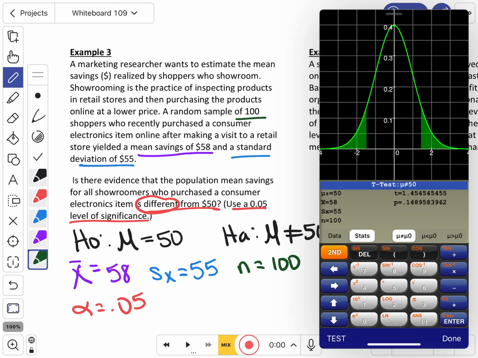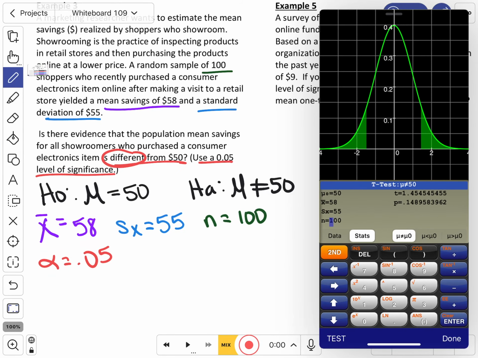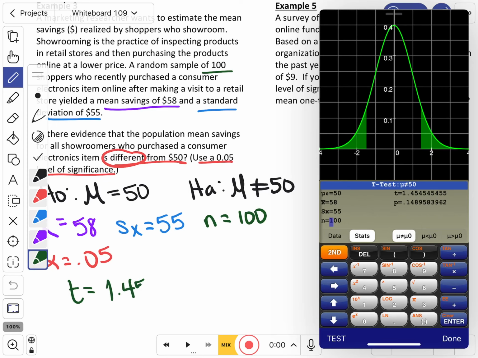And so here I see that my t statistic, t, is equal to 1.455. And the p-value for that is equal to 0.149. Now, before we continue, I want to show you how to do this in your calculator again.